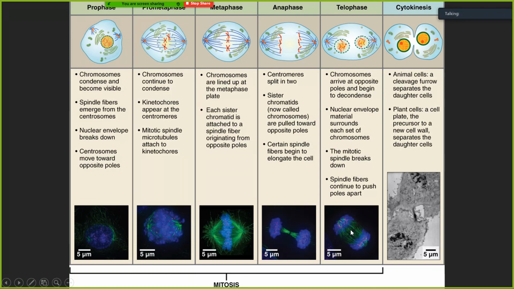I'm not sure if they see a cell that's alive going through this, because you might have to stain it. I don't know if there's some stain that they can put in where, as the cell is alive, you can see what's happening inside the cell.